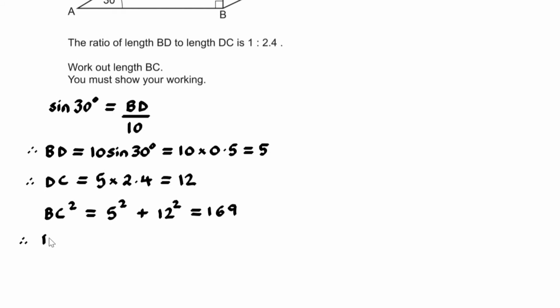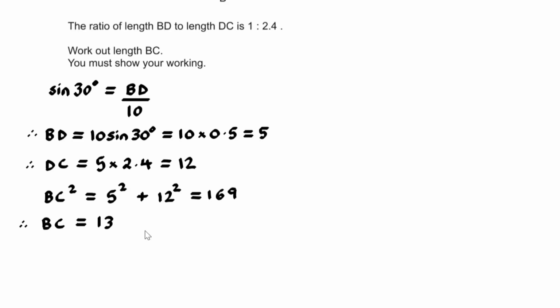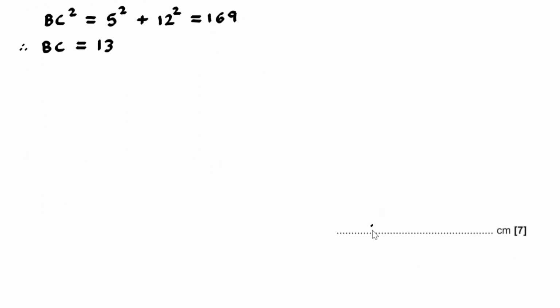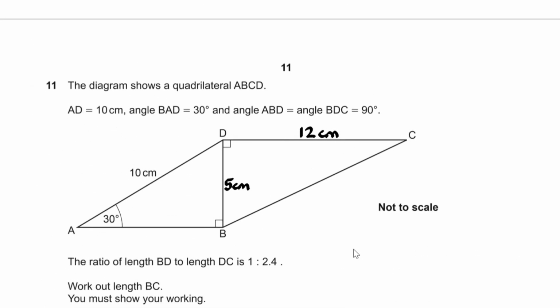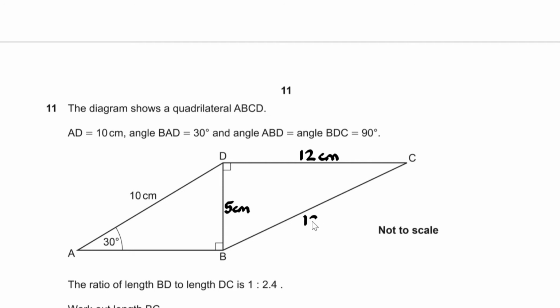Which means if I take the square root of 169, we can conclude BC is equal to 13. So we have 13 centimeters for the length of BC.